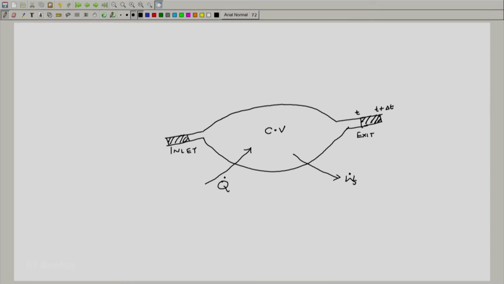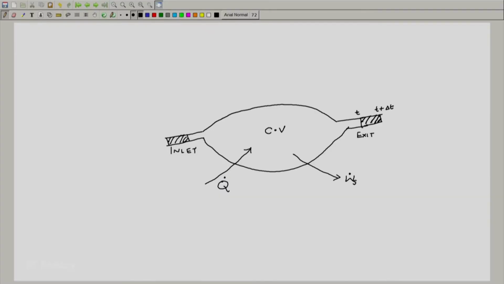Of course, this will depend on the area at the exit, the velocity at the exit, and the density at the exit. This is the amount that will come out of the exit, and we are going to consider this as what is called the exit plug, that is all the mass that has come out of the system through the exit in the small time delta t that we are considering.